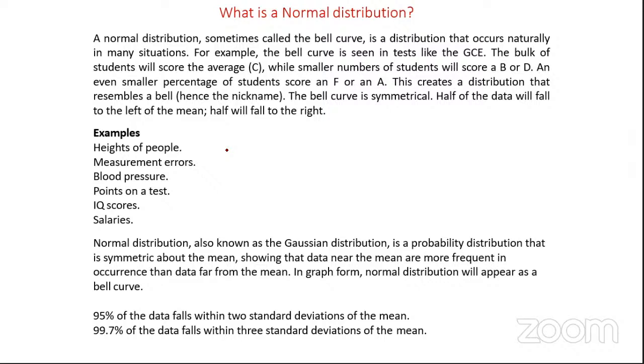And as we move further to 1.8 and above, you see that will be reducing. And the outlier may be somebody who is 2 meters tall. So that person becomes an outlier. We have measurement error, blood pressure, points on a test, salaries.